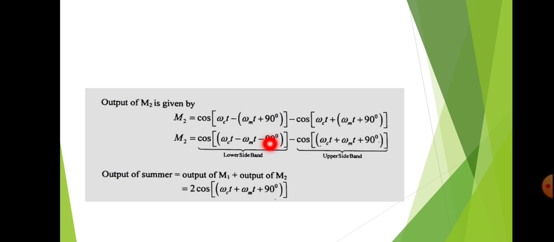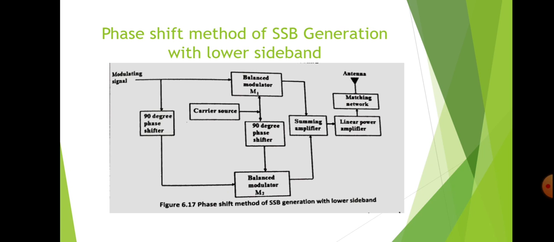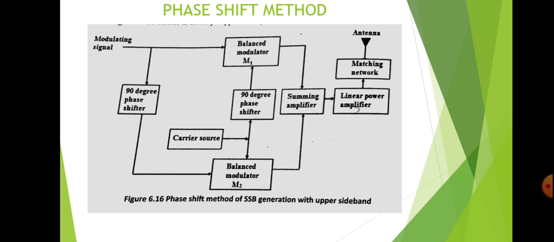So the total phase difference is 180 degree. When the output of M1 and the output of M2 are added in the summing amplifier, the two lower sidebands are 180 degree phase shifted, so they will be cancelled out.